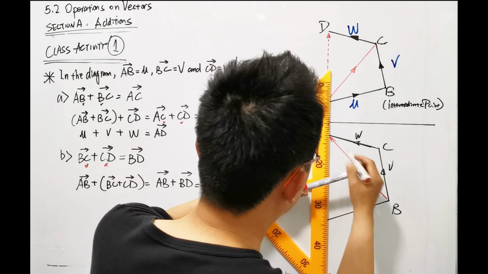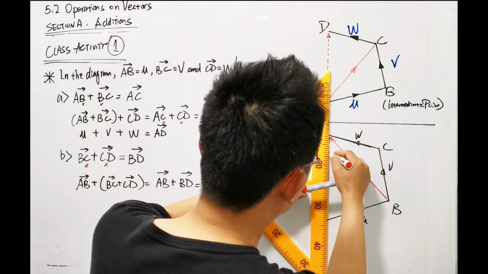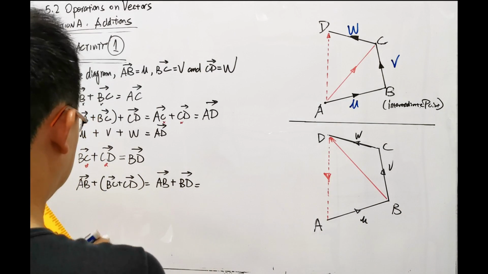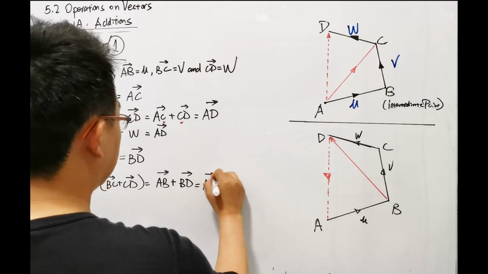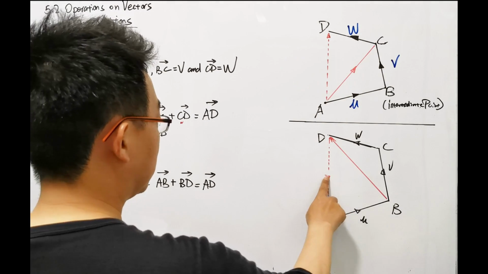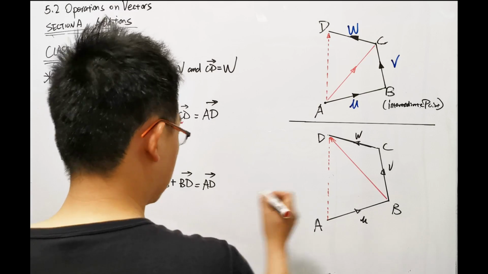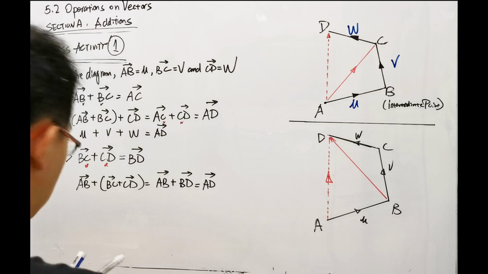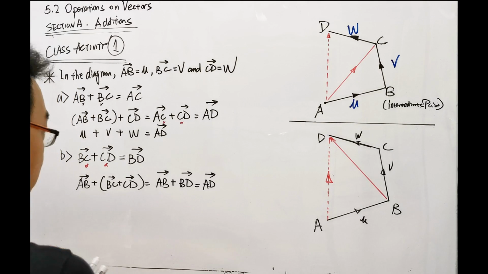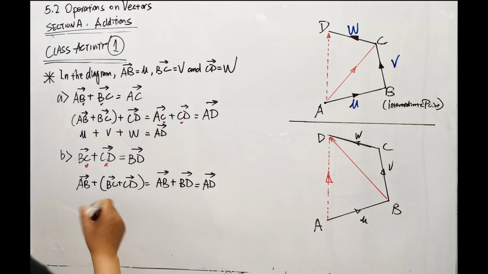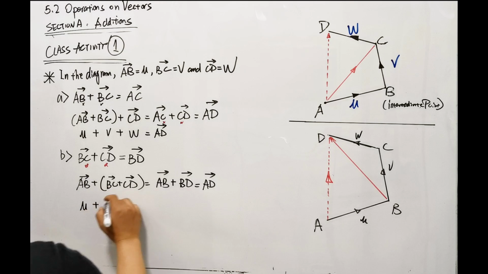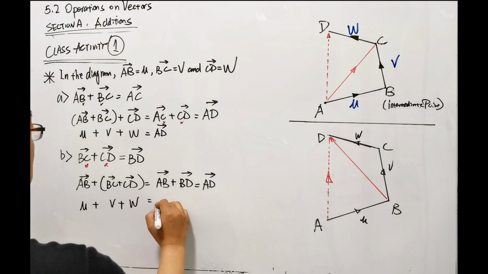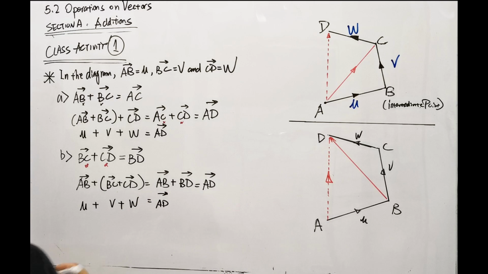So we just join them together, then we get AD. It should be coming in this direction, from here to here, all the way here. So from here we get this AD. Then we can write u plus, in brackets, v plus w equals AD as well.